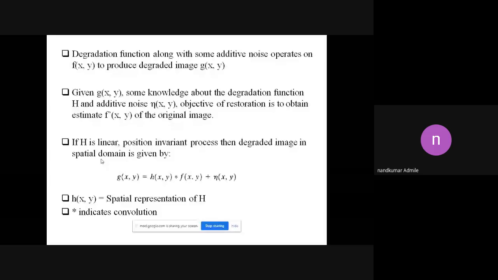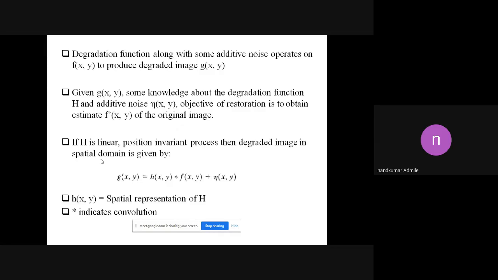In image enhancement we can perform two types of operations: we can improve the quality of the image, as well as remove the noise of the image by using various filters. But in image restoration we deal with only degraded images, those images which are already affected by noise.